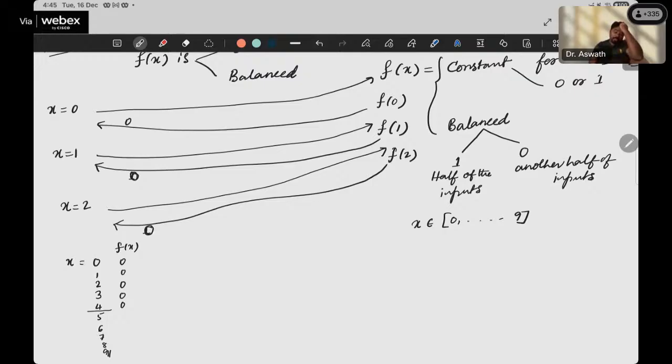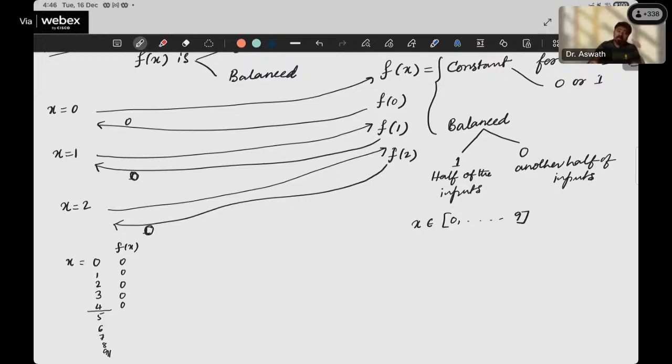Whether it's constant or balanced, in both cases, up to 5 input argument cases, the function can have zeros. But the sixth attempt is going to decide whether the function is balanced or not. You know why?